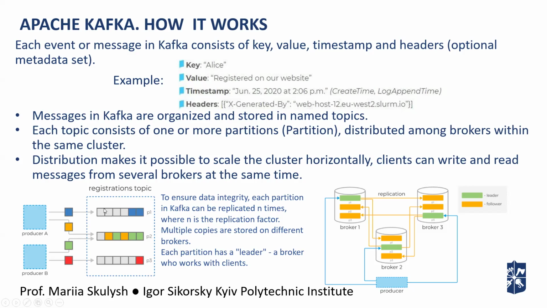So these are elements that store one kind of request or a few kinds of requests. So they are some independent queues with elements of some kind. Then distribution makes it possible to scale the cluster horizontally.